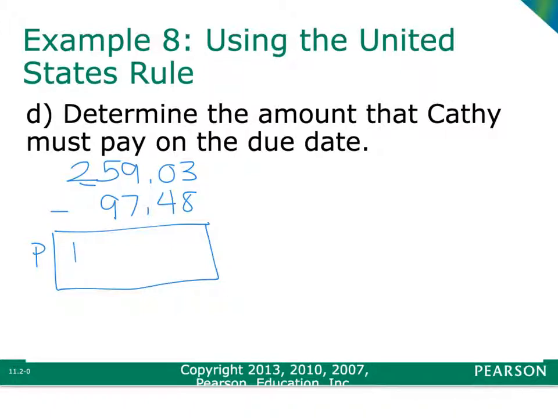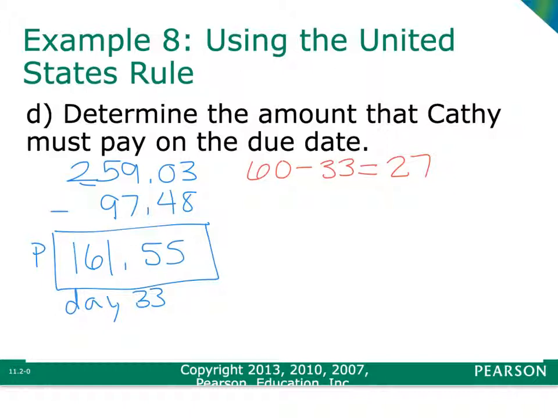Her new principal amount is $161.55, and that was on day 33 of the year. Okay, well, her loan is due on March 1st, and we said that March 1st was day 60. So if we take day 60 minus day 33, you'll be able to calculate how many days have passed by. So 27 days have passed.